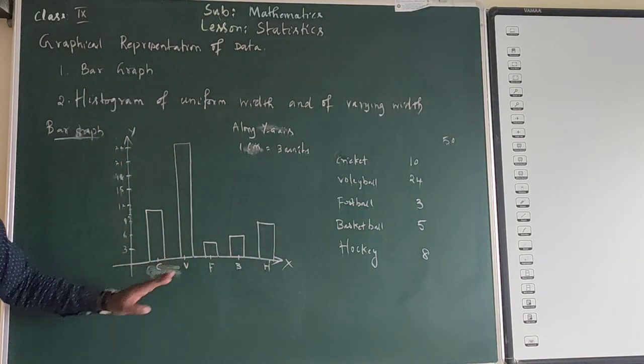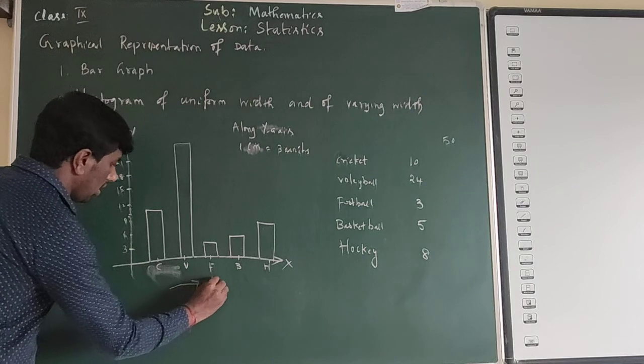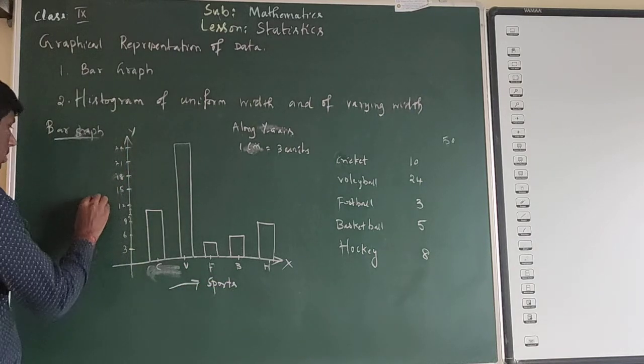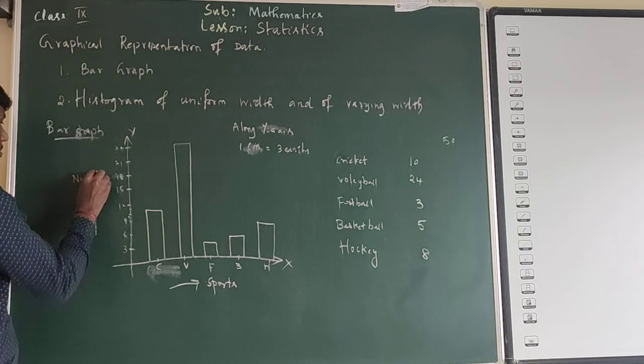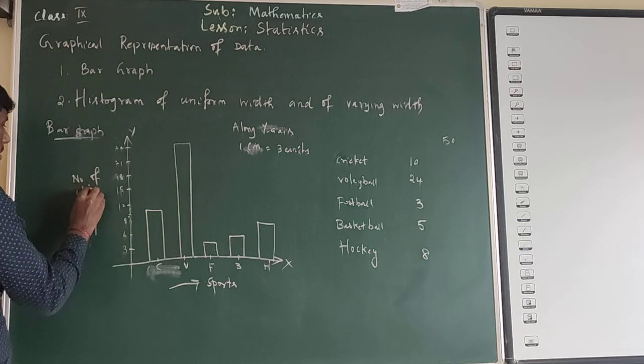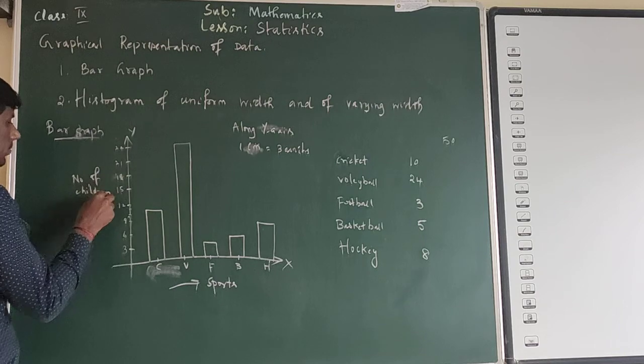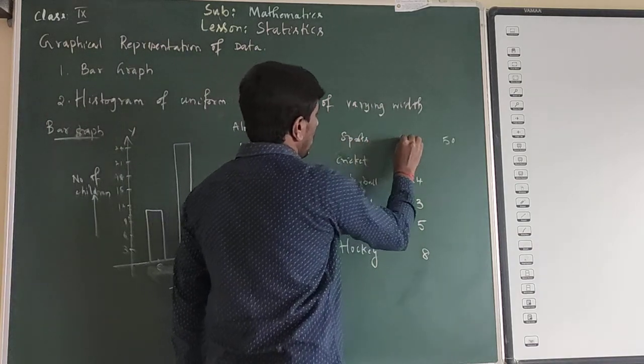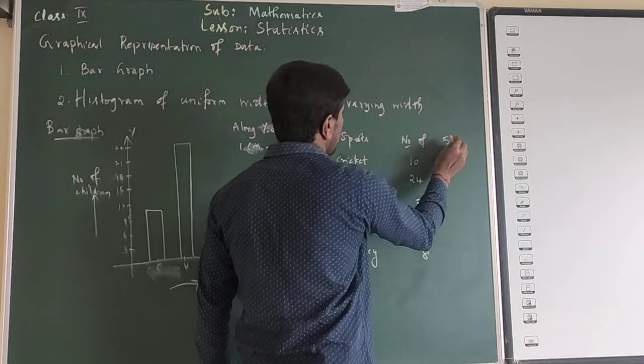So now this is the bar graph. Along the x-axis we have taken different sports, and this is the number of children.